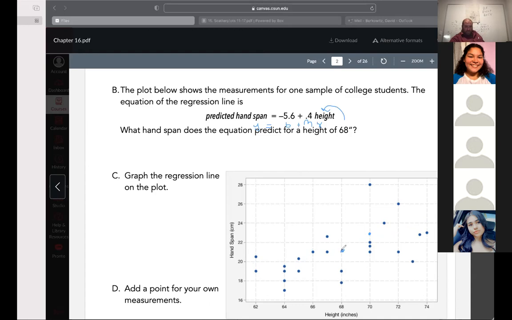Okay. That's much better. So let's draw that line instead. Okay, that's much better, isn't it? Even that's not the greatest.